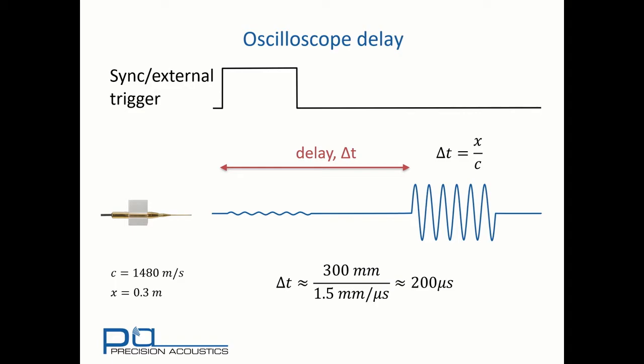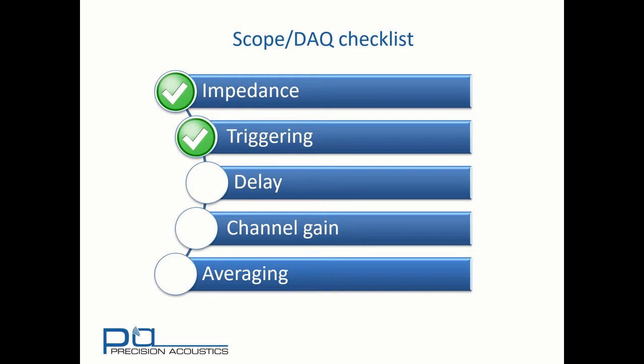You'll also note here I've approximated the speed of sound in water as 1.5 millimeters per microsecond, which is somewhat more convenient for these calculations than 1480 meters per second. In this case, we can see that we're setting the oscilloscope delay to 200 microseconds. Okay, that's covered delay.